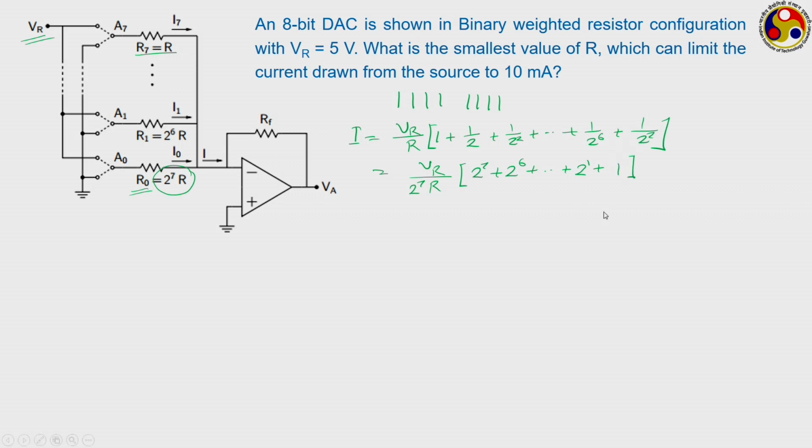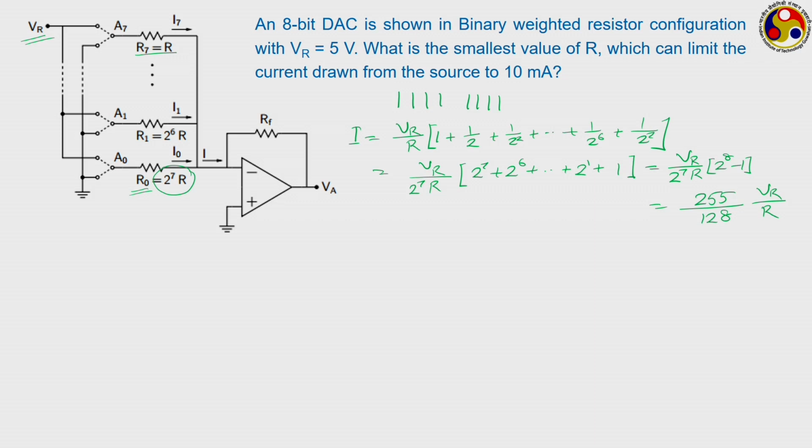So, if we calculate properly, then this comes to VR by 2 to the power 7 R, and this entire thing will be 2 to the power 8 minus 1 by 2 minus 1. So, we have 2 to the power 8 is 256 minus 1. So, it is 255 by 2 to the power 7, which is 128, into VR by R. So, that is the expression for the current when all the bits are switched on.